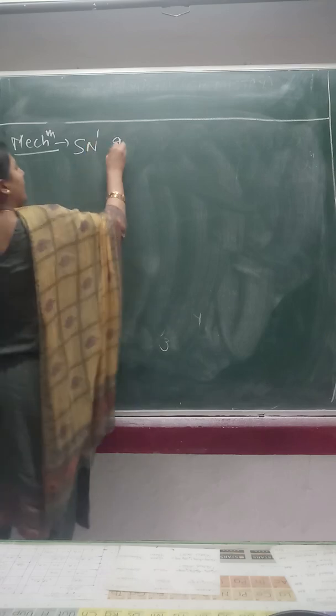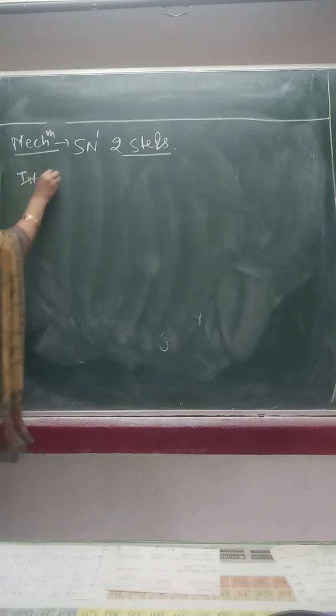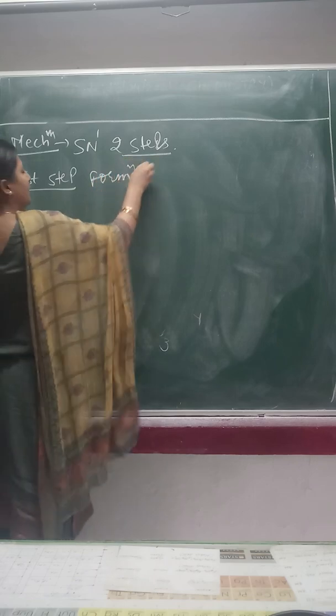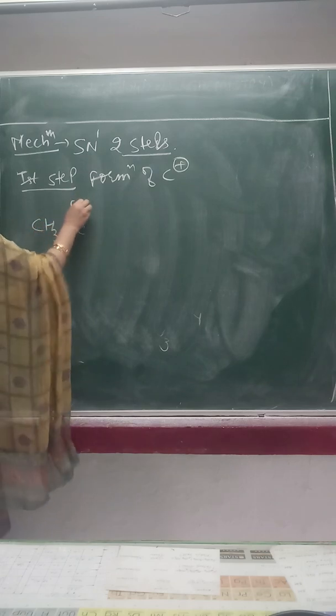In actual, SN1 takes place in 2 steps. This is basically a 2-step reaction. In first step, there is a formation of carbocation. So, this is my reactant.